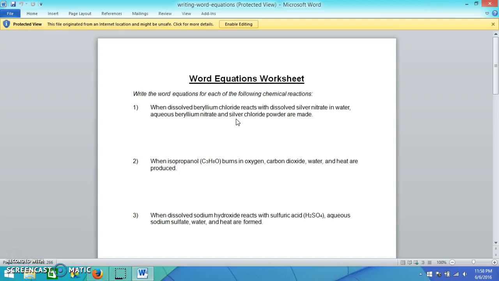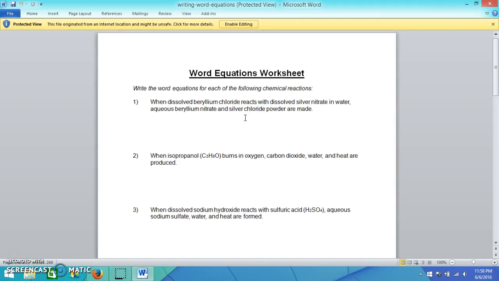Okay, so now let's look at the answer. We have beryllium chloride, BeCl2, plus silver nitrate, AgNO3, and then we're going to have an arrow, and that's going to produce or yield beryllium nitrate, Be(NO3)2, plus AgCl.